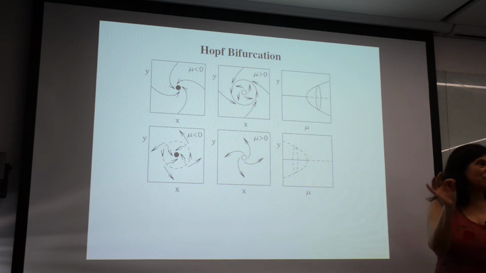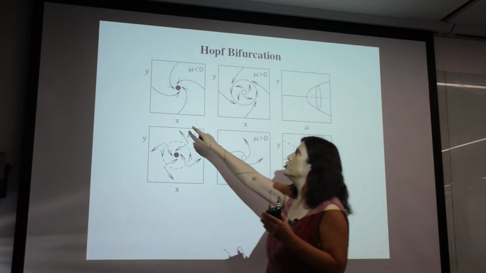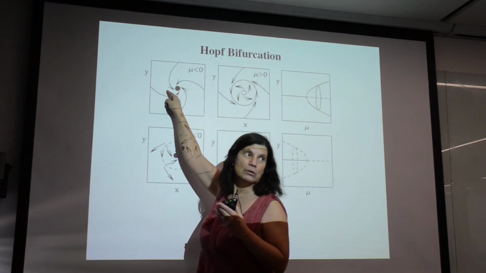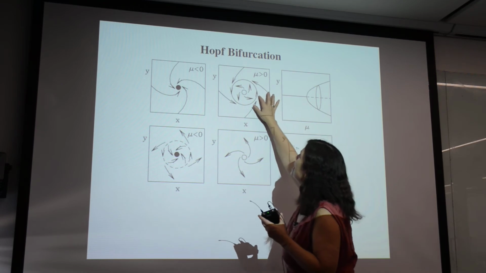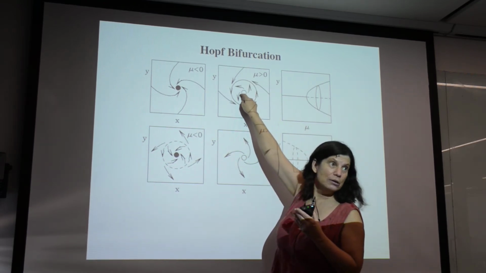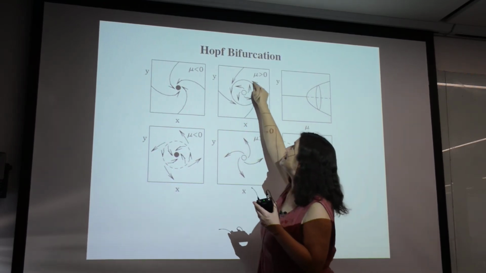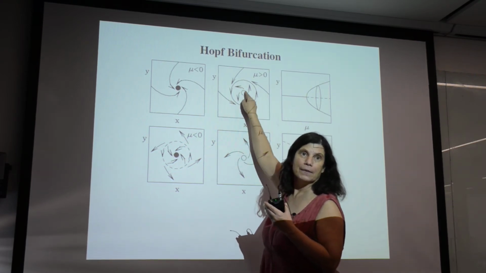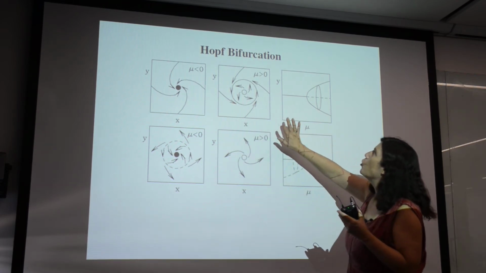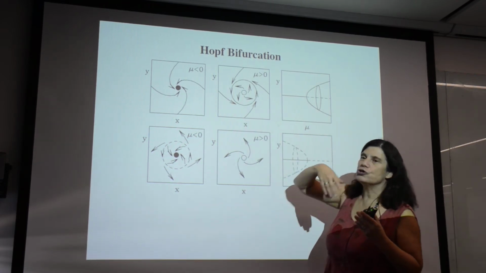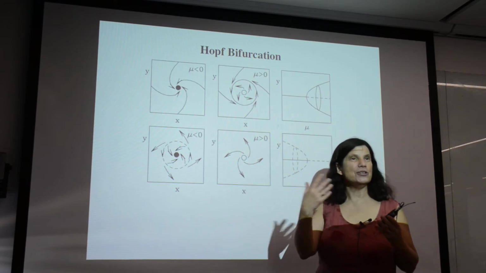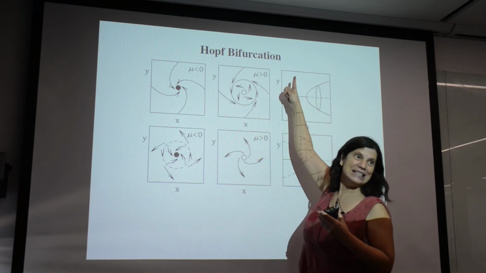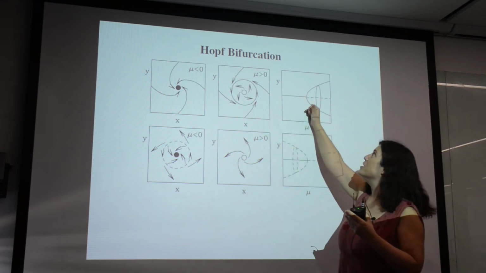Now we're in 2D, so we can't just show it with a line. We have to show it in two space. We have x, y. And it's a transition from a stable spiral to an unstable spiral surrounded by a stable periodic orbit or limit cycle, which mean the same thing. Okay? And now if we wanted to show it the way we learned to show before with a bifurcation diagram, where we show mu here and we show the stable states along this axis, now we would need 2 dimensions.